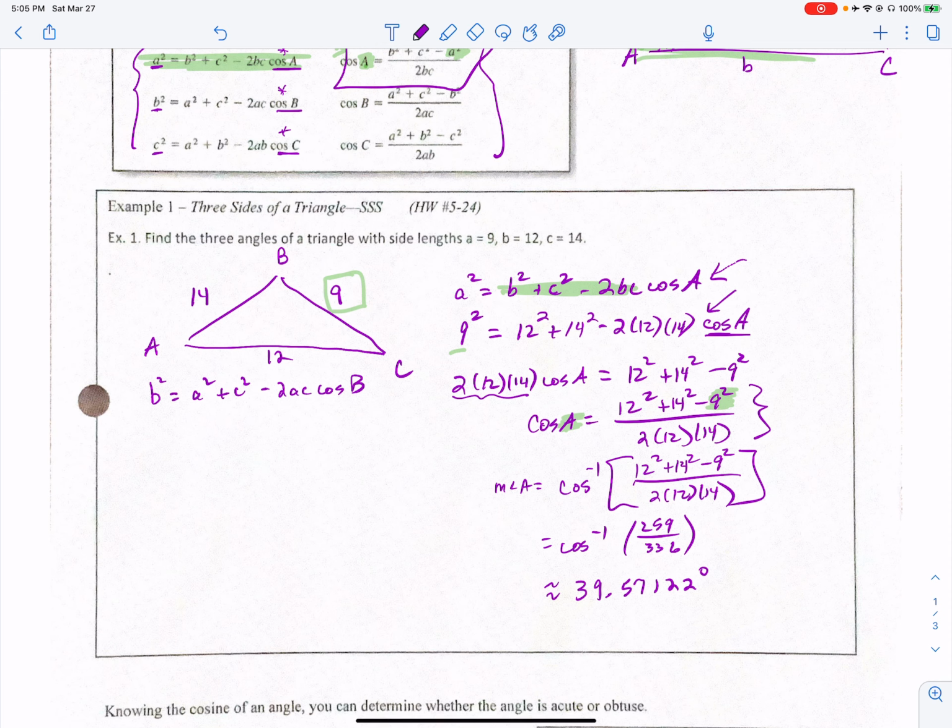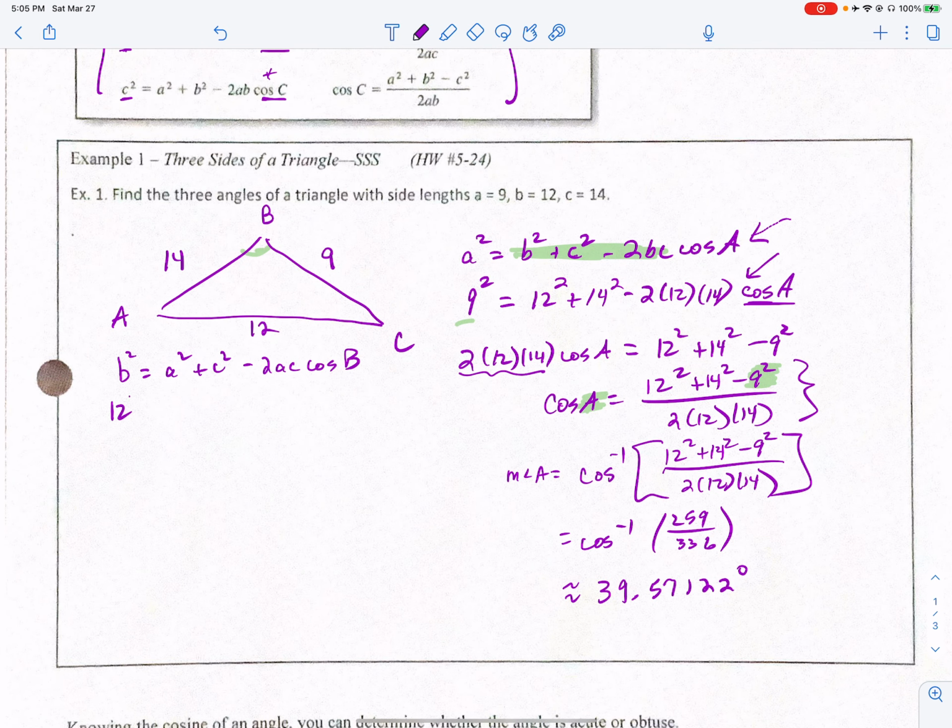I'm now focusing on angle B, and the side opposite is 12, and the two sides that include that angle are the 14 and the 9.